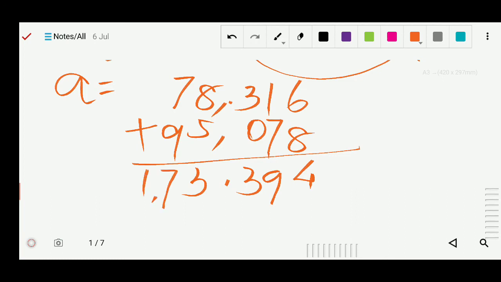Okay, so you can put the comma. So what is the larger number? Your larger number is 1,73,394. Hope you understand. So your homework: you can solve from chapter 3, exercise 3a, 3b and 3c. Thank you.